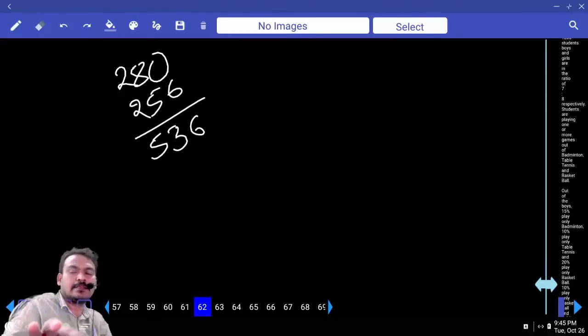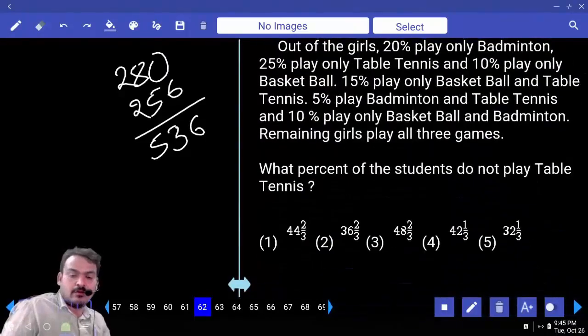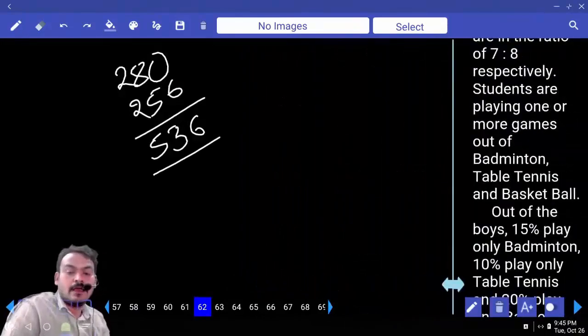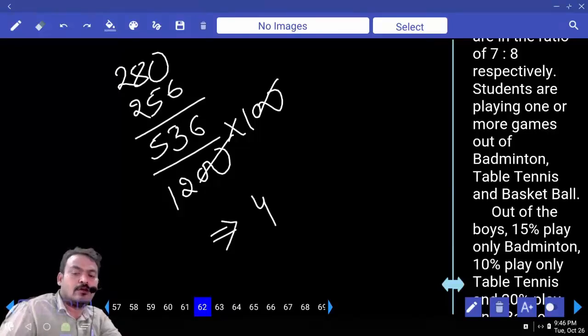536. Is it calculated on the total value or the remaining value? Total value. What is the total value given? 1200. 536 upon 1200 converted to percent. Two zeros get cancelled. 12 how many times gets 53? 4 times. What is the remaining value? 96. 96 means almost 8 times.